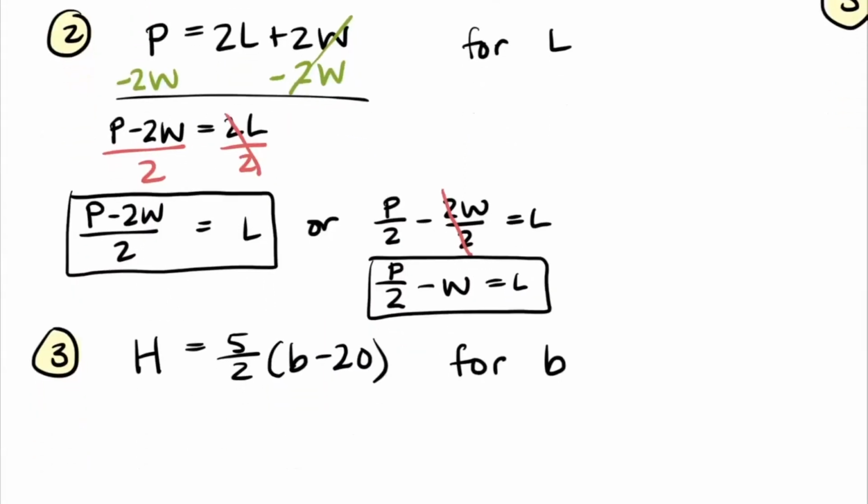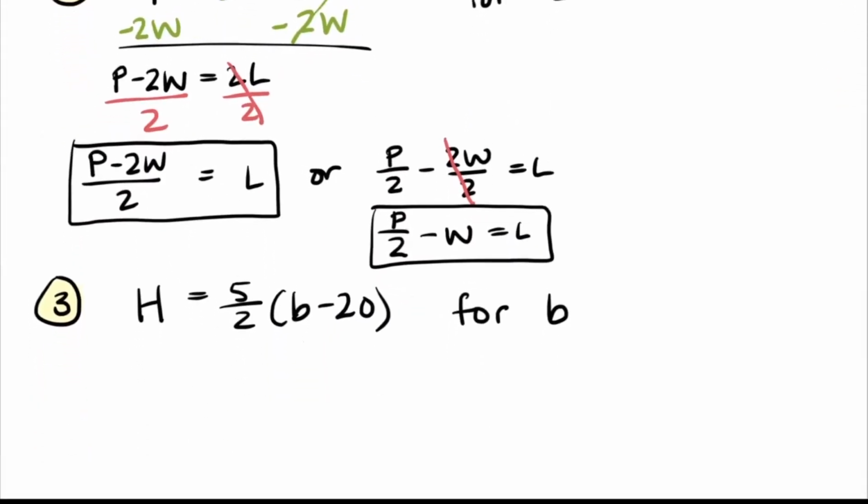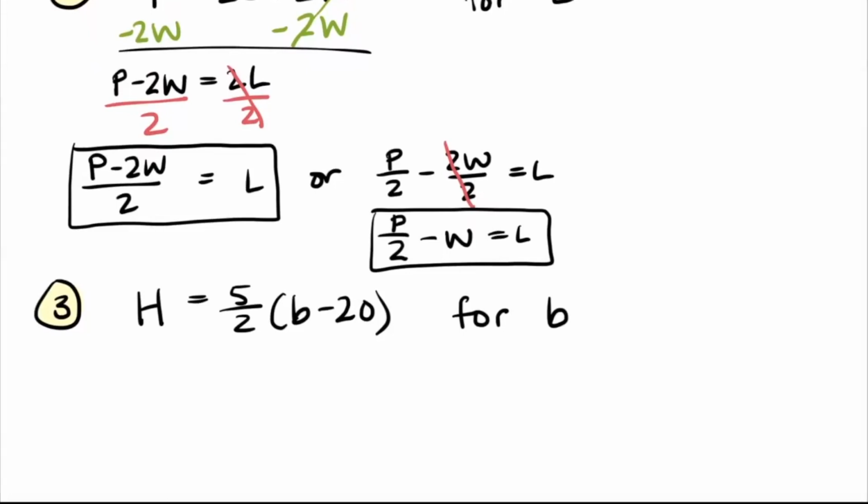All right, number 3, we have H equals 5 over 2 times B minus 20, and we want to solve this for B. So you have 2 options to start. You could distribute the 5 over 2 into the parentheses. That would be fine, but I'm just going to say we don't even need to do that. We just want to get this out of the right side, right?